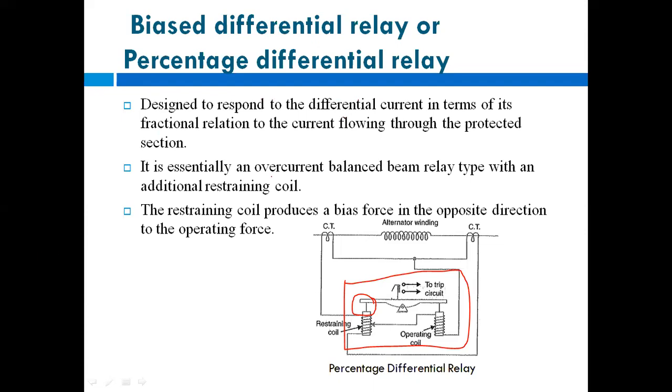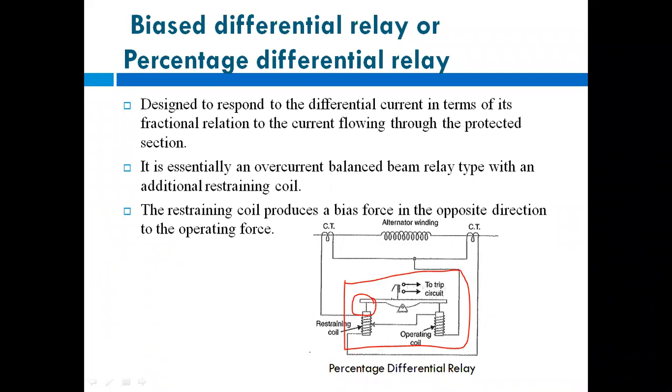Now it is essentially an overcurrent balanced beam type relay with an additional restraining coil. One restraining coil is added here. We can change the number of windings, and by changing that we can change the spring tension also.